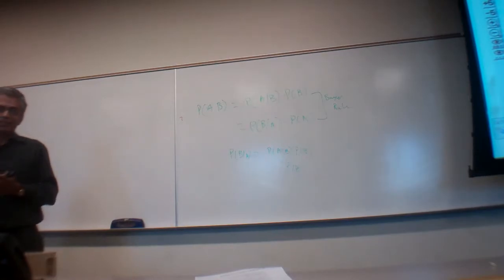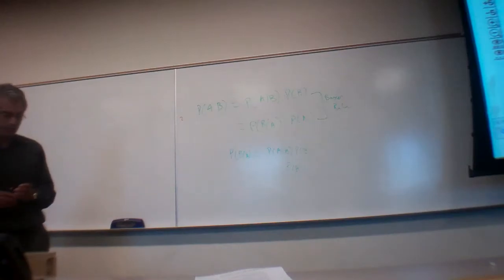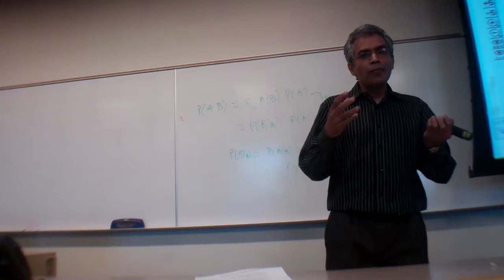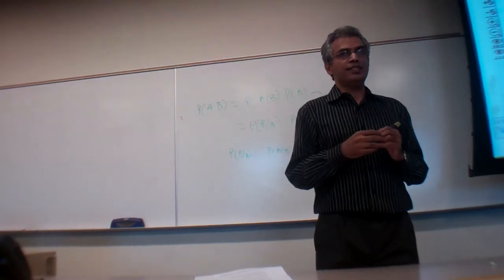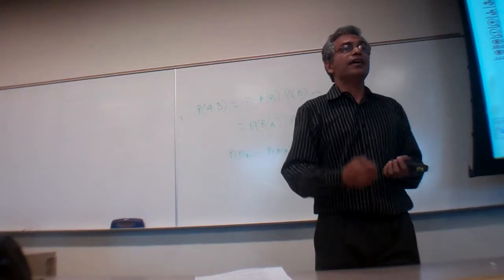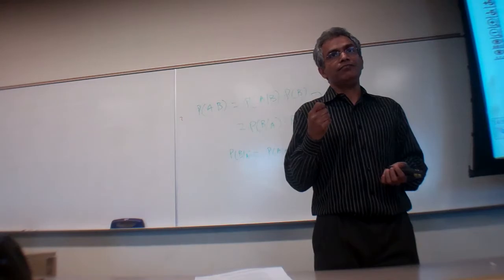In fact, the interesting thing is Bayes is not famous for this particular rule, although most of you know him for this reason. Bayes is famous for a completely different reason from a probabilistic reasoning point of view. Bayes basically said probabilities don't have to be frequencies. So in statistics, there are two completely different camps. One camp says a probability is an asymptotic frequency.